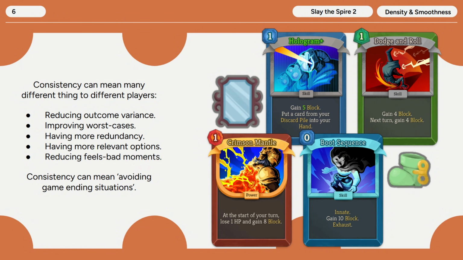Typically speaking, if we give chess the benefit of the doubt, we'll say chess is a 100% skill-based game up until who plays black and who plays white, and that can also be part of the tournament structure. Having a die roll at the end of a game of chess where you did everything right and you won a fully strategic, full agency game, but still lost the game itself because of a die roll, would be a feels bad moment. And so reducing the incidence of those feels bad moments is a way to say, well, they're improving the consistency of the product. So consistency could also mean here avoiding game-ending situations.